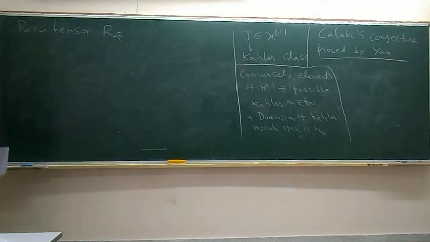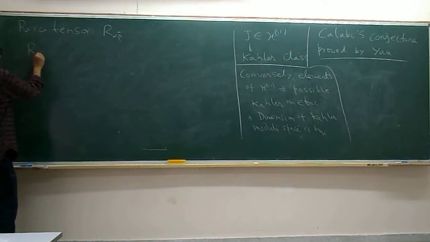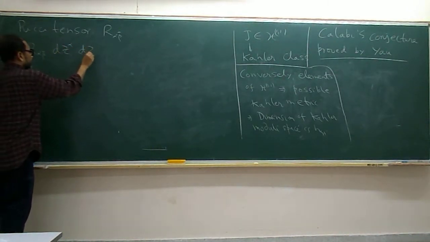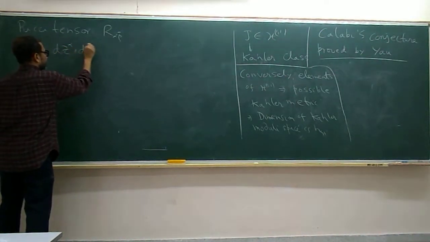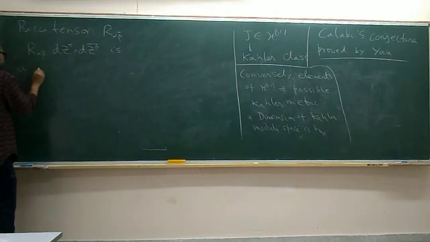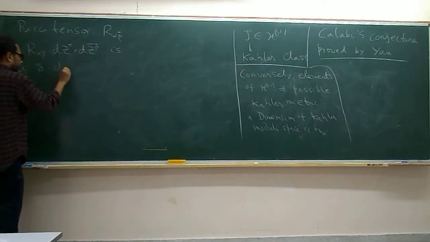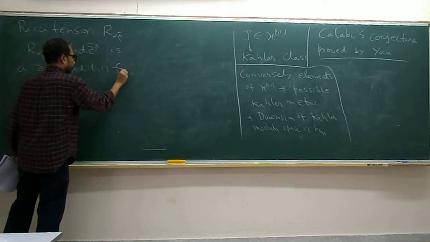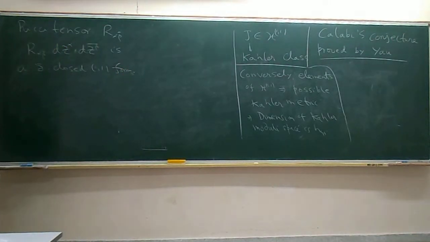In fact one can show that this object R alpha beta bar dz alpha dz beta bar is a del bar closed 1,1 form, which means the antisymmetric part of del gamma bar R alpha beta bar is 0.